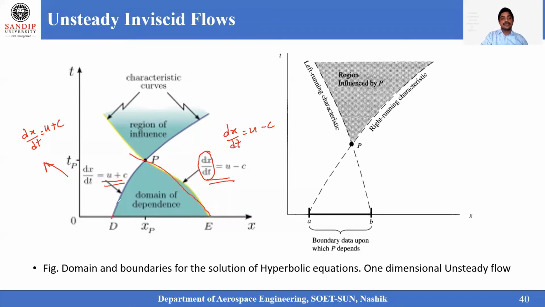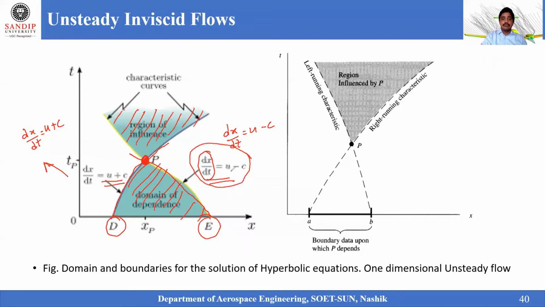These two are influencing the point P: one is the left running characteristic curve, and the other is the right running characteristic curve. They intersect at this point, which depends upon the points E and D. Below this region is the domain of dependence, and above is the region of influence, as we have discussed in earlier sessions.